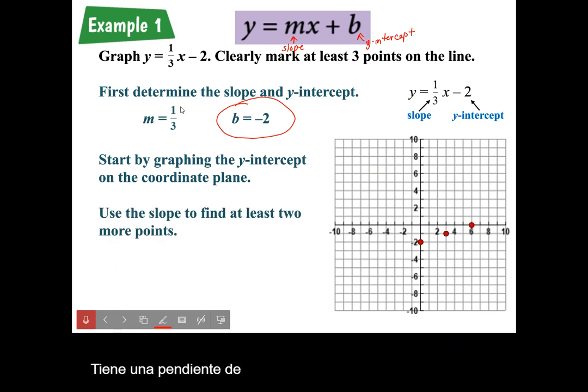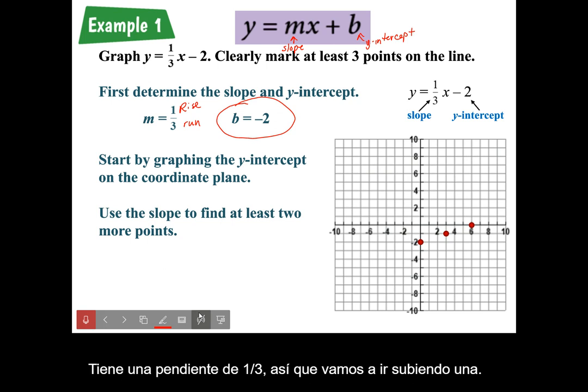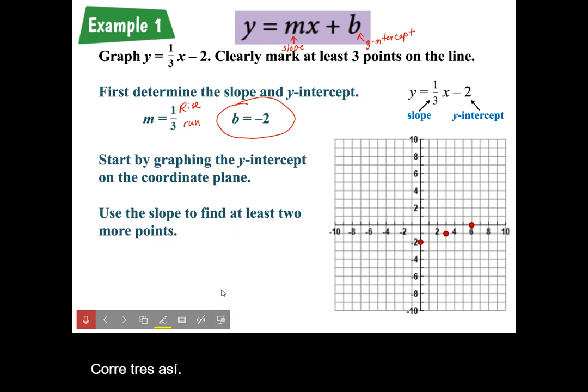So we're going to go rise 1, run 3. Rise 1, run 1, 2, 3. And we end up at 3, -1. Rise 1, run 1, 2, 3, and we end up at 6, 0.